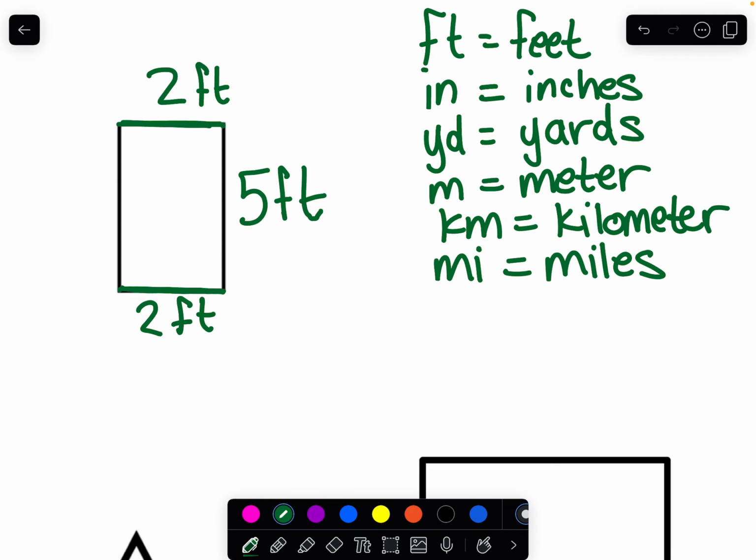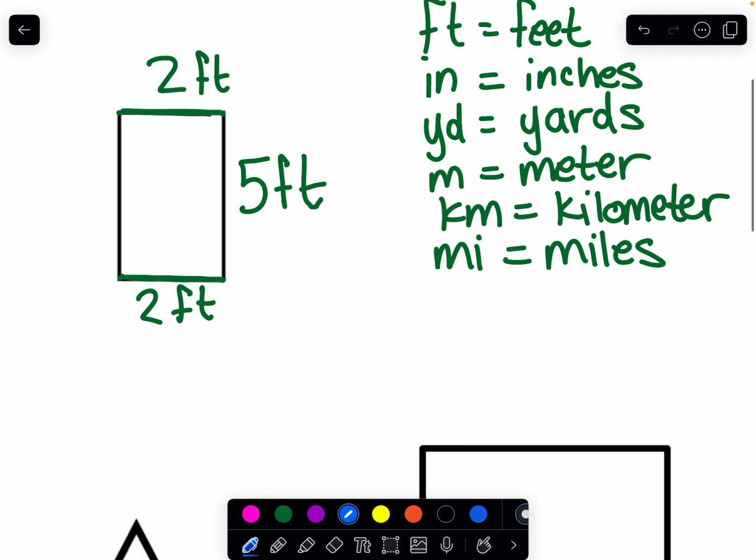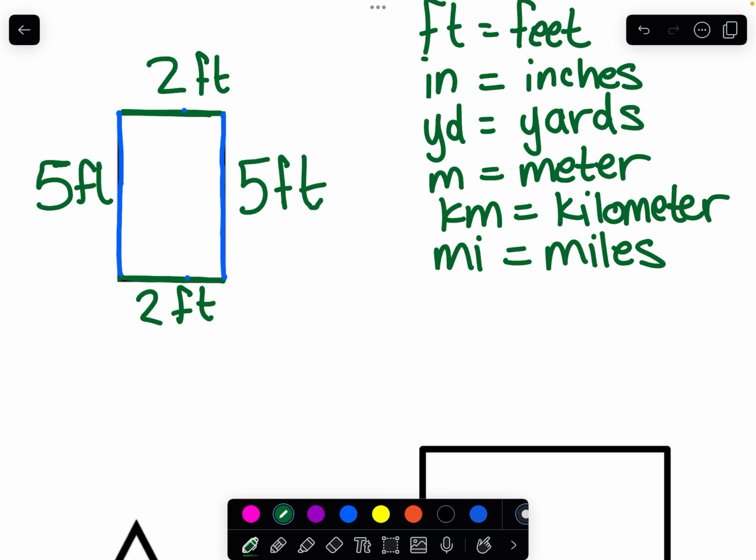And in a rectangle, the side that connects to that shorter side is also the same as the side across. So you have 2 sides that are the same length and parallel, and the other 2 sides which are the same length and parallel. And so we know that this side is 5 feet.